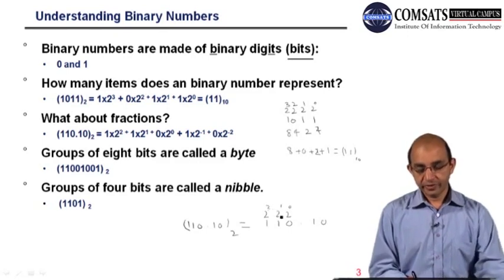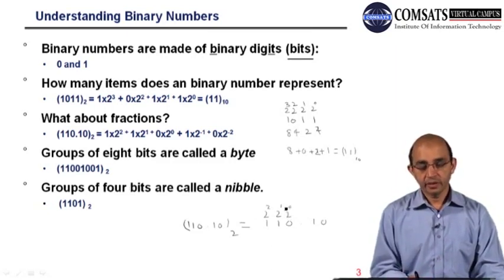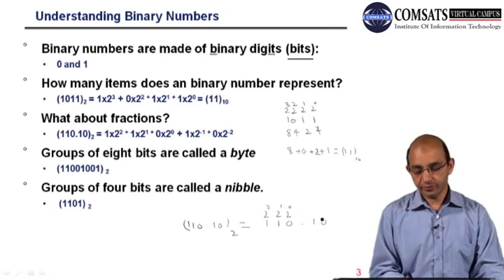The difference is that as I move from right to left, I raise the power of 2, and after the fraction point, when I move from left to right, I raise the negative powers.